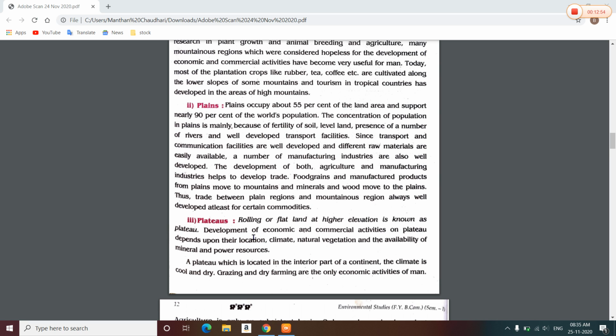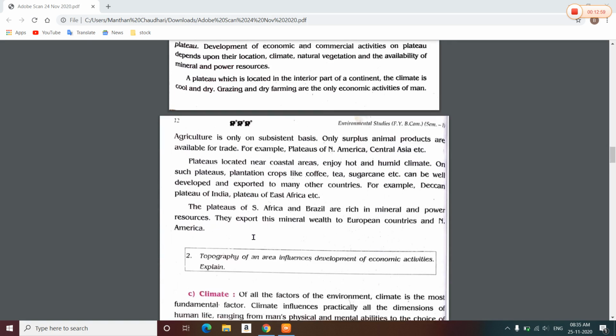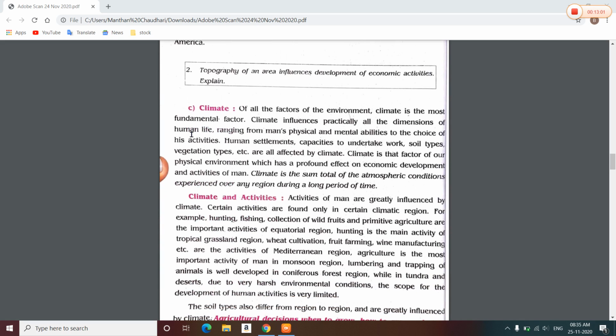Now let us come towards the next factor, which is climate. The next abiotic or non-living factor of natural environment is climate. Of course, climate is a very important factor of physical environment, which has a profound effect on economic development and other activities of man.